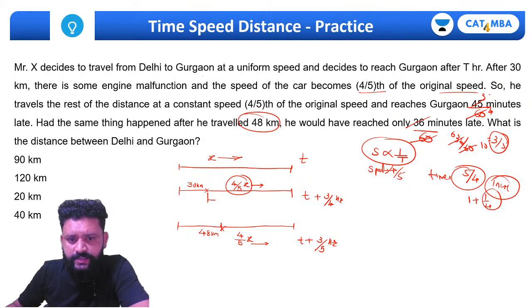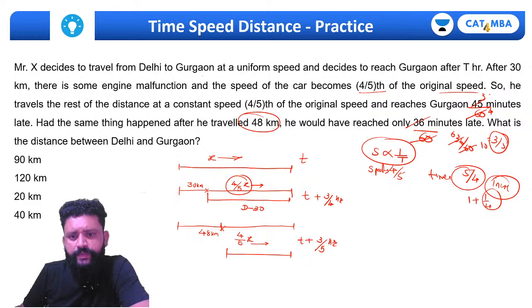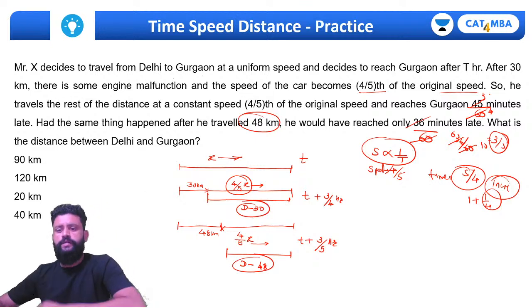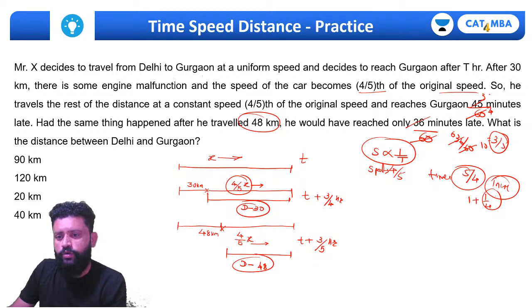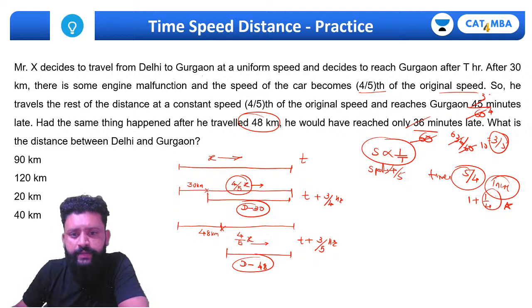So this distance is d minus 30 and this distance is d minus 48, right? To cover this distance with 4/5 speed should require 1/4 time more. So what is the original time required?